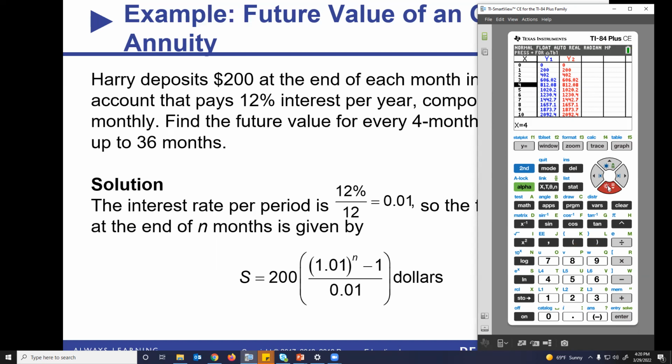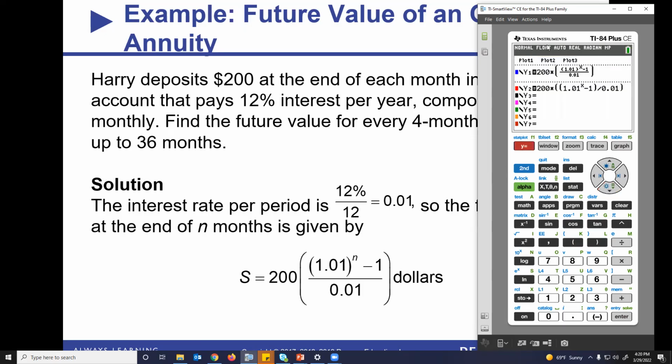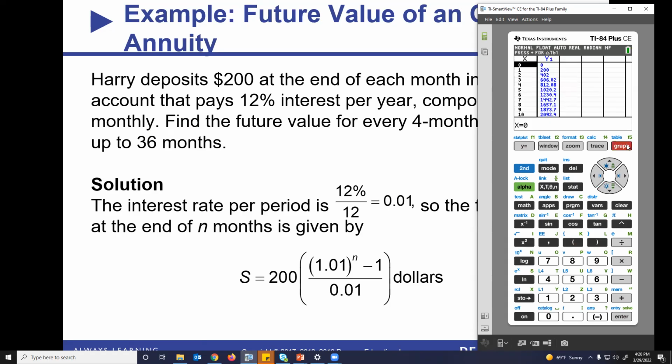And so at the end of 4 months, I should have $812.08. And I know there's a Y1 and Y2. There's a reason for that: I'm showing both of the different ways. For those of y'all, you should only see Y1 when you go to the table. So I'm going to literally just go every 4. And so I have $812.08 for my 4th month.